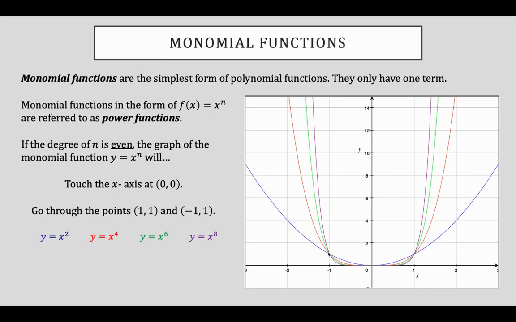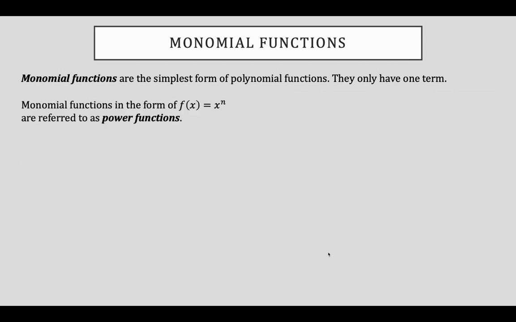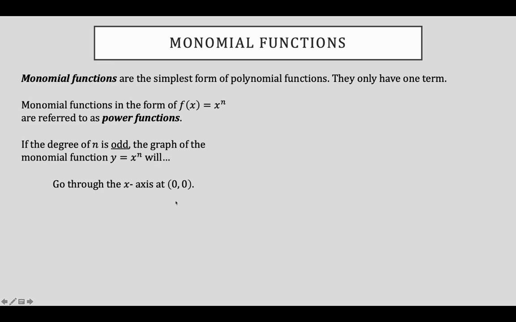Well, what if the power is odd? If the degree n of our monomial function is odd, y equals x to the nth will go through the x-axis at 0, 0, and go through the points 1, 1, and -1, -1.